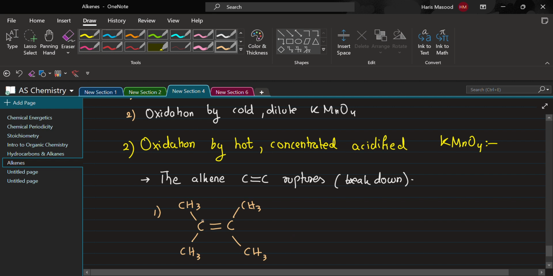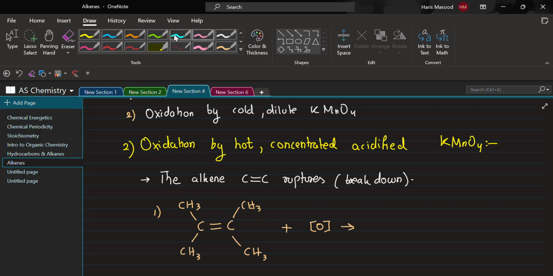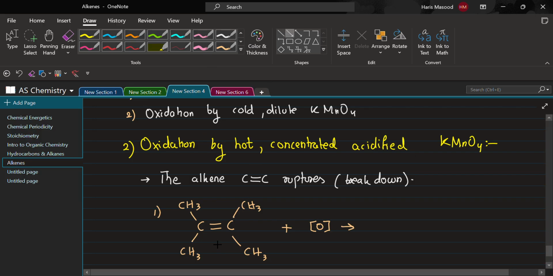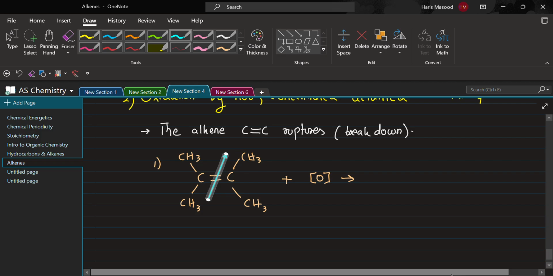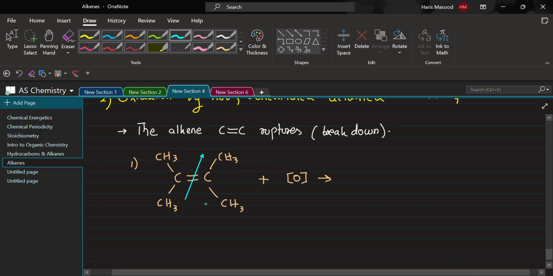They do not have any hydrogen with them. So what usually happens here is, when you oxidize it using these conditions, this bond gets broken down. It comes into half.